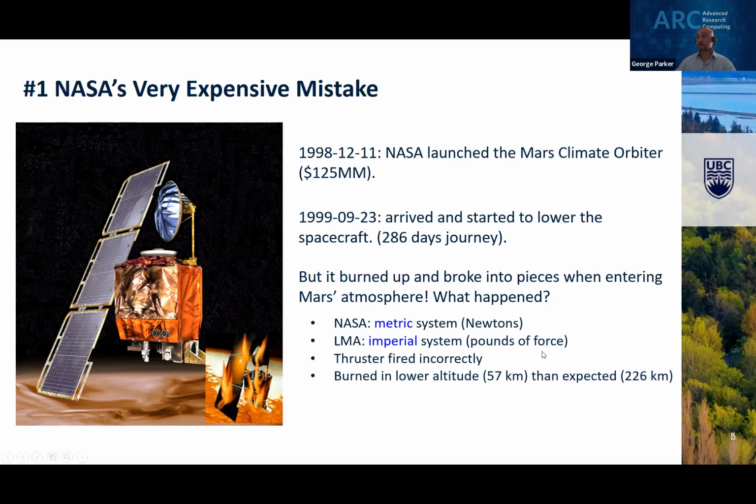Of course, it's not going to work. So this caused the thruster to fire incorrectly. It pushed this orbiter 69 kilometers closer to Mars, where it burned for some complicated reasons. So this is a pretty big price tag for some small effort, and we have a metadata inconsistency issue here.